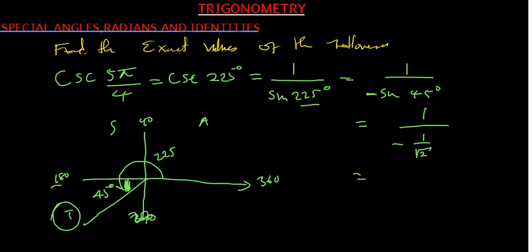So we can also write this as 1 divided by negative 1 over root 2, which we can also say as 1 times the root 2 goes on top, and then the negative 1 comes down. So which is simply 1 times root 2 is root 2 over negative 1, which is negative root 2. So that is how we find the exact value then.